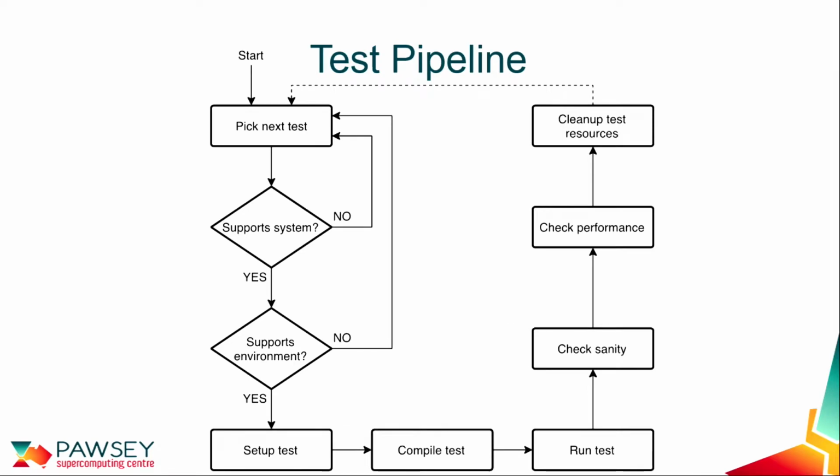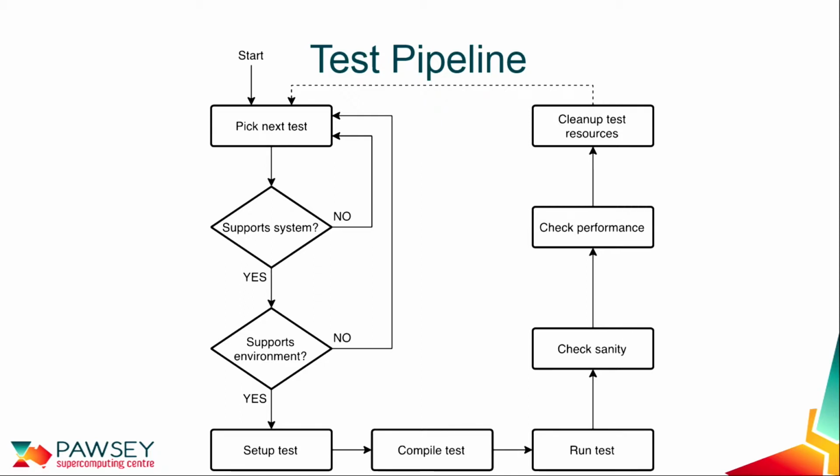So here's the scheme of how things are done in Reframe. The test starts with diagnosing whether it supports a system or not, whether it is a known system or not, whether it supports the environment or not, and then it moves on to setting up the test according to the test's prerequisites. Then if it requires compilation, it will compile, run the test, run the sanity check, which is an optional thing.